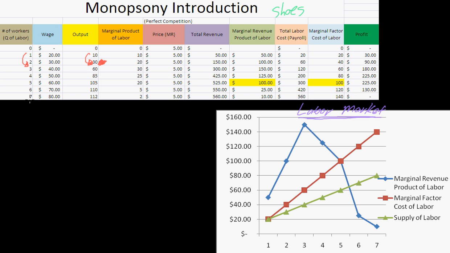So we have the change in output, which is going to be 30 minus 10, over the change in our input, which is labor. So we have 2 minus 1, and that is the change in our input.